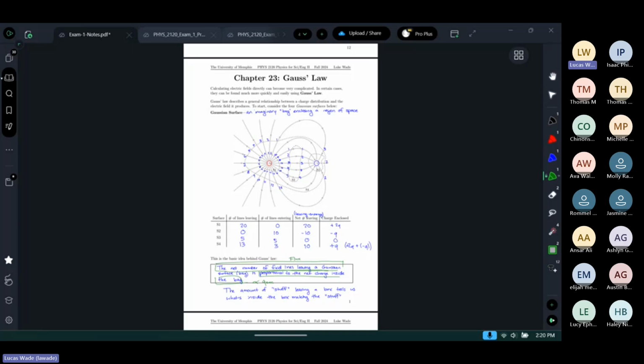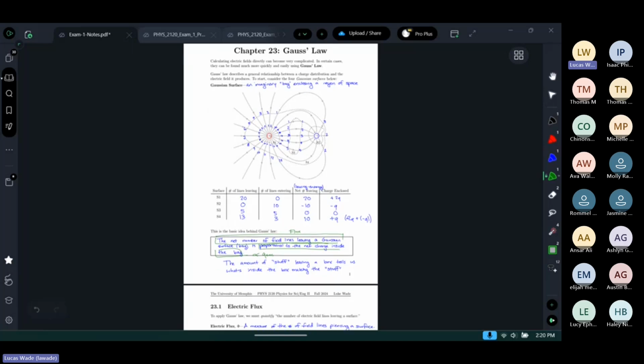It says for any type of vector field, not just electric fields, but anything that you can describe as having a certain direction in space, if you put an imaginary surface into that space. You imagine dipping a bag into some flowing water, but the water can flow right through the bag without carrying it away. It's an imaginary bag in that sense that the field lines can pass right through it.